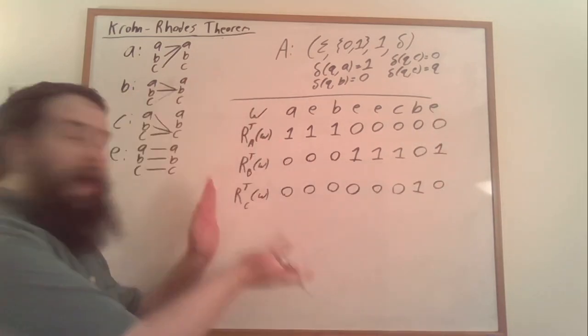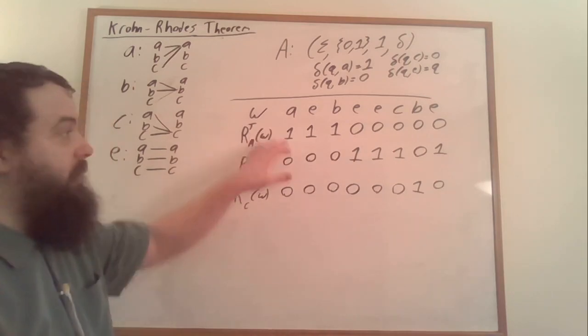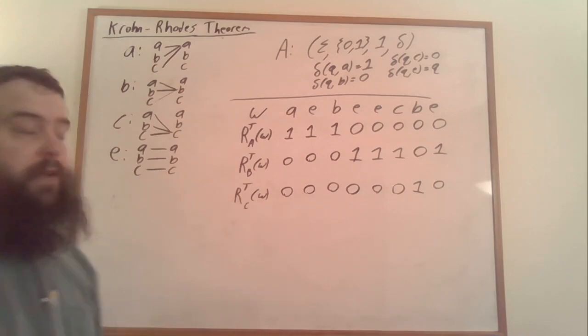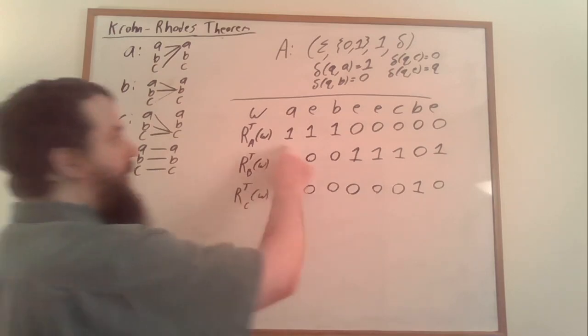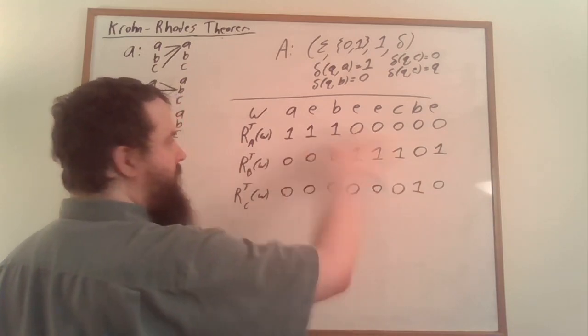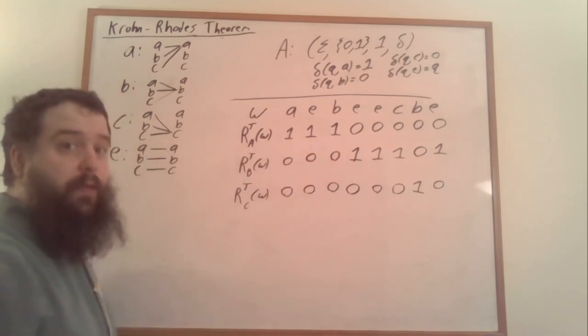And, well, I hope it's fairly clear what character-wise map to apply to each of these runs to get the run of the original automaton. Right? We just look at which of these automata is in state 1 and which are in state 0. Whichever one is in state 1 is going to be the state that we want.